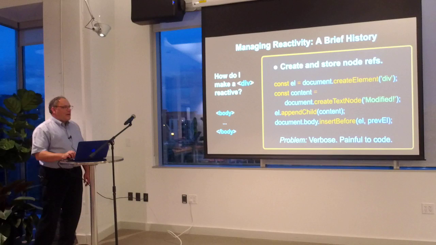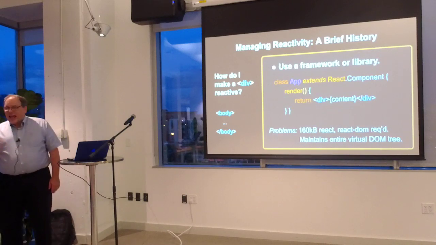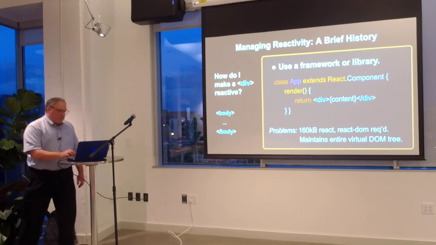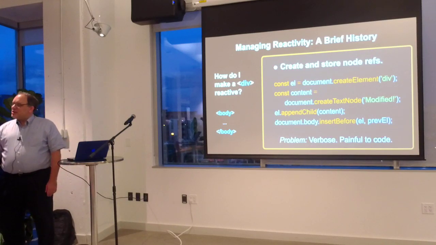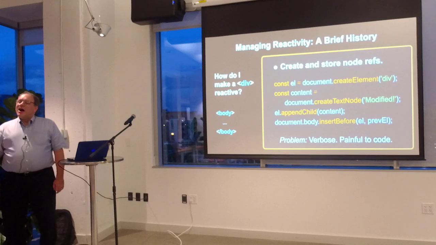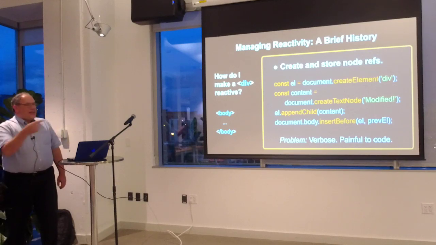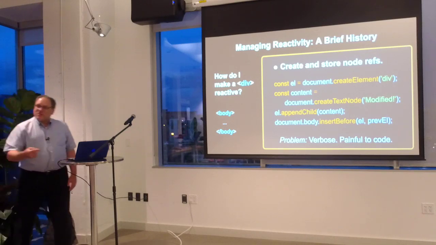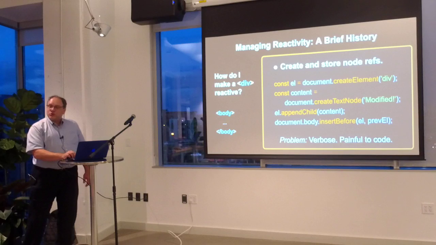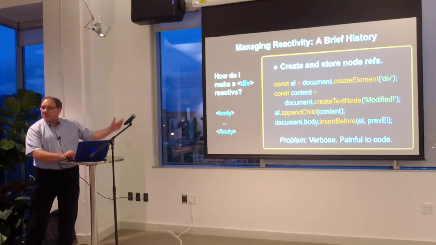Before I leave that topic, when I speak to developers about their history with JavaScript, sometimes they will tell me that they never do this. But actually, we all do this. When we use frameworks, frameworks compile into code that essentially does this for us, right?